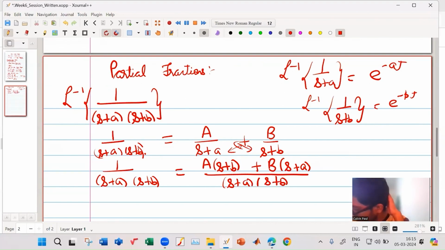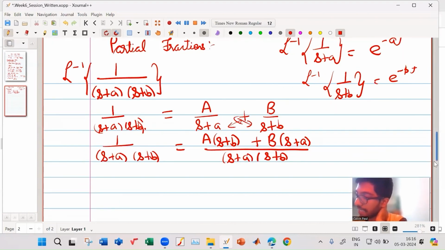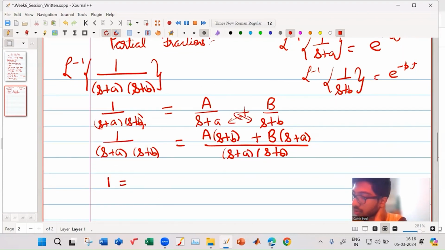Now the denominator is common, the same. That means we can equate the numerators. So we get 1 is equal to capital A into (s plus b) plus capital B into (s plus a).